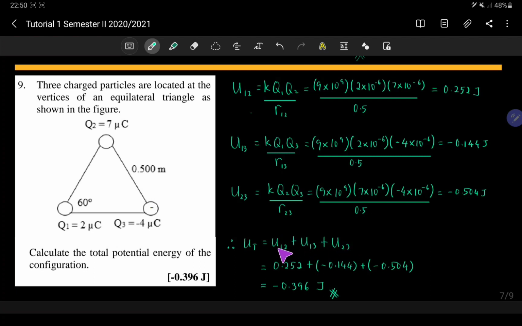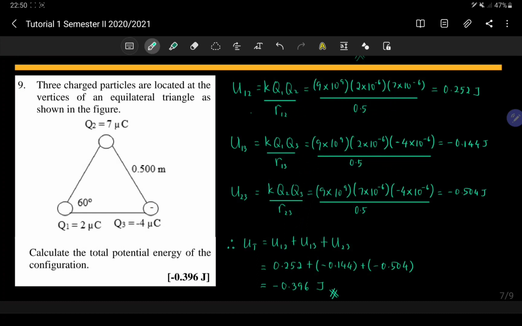We just calculate U12, U13 and U23 separately. U12 equals kQ1Q2 over r12. U13 equals kQ1Q3 over r13, and U23 equals kQ2Q3 over r23.